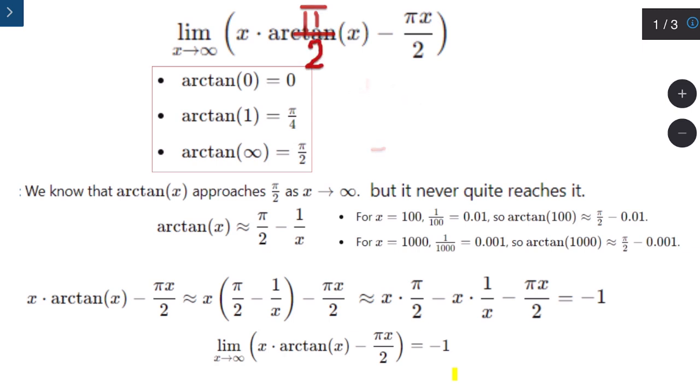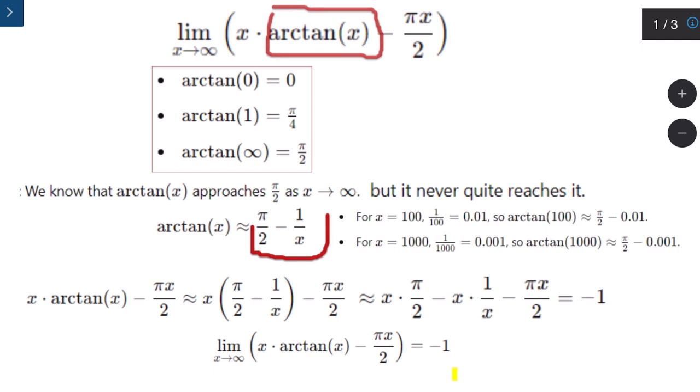If we replace this with pi over 2, it will give us x times pi over 2 minus x times pi over 2, which will give us 0. And we are not allowed to say it is 0. So instead of replacing this with pi over 2, we will replace it with pi over 2 minus 1 over x.